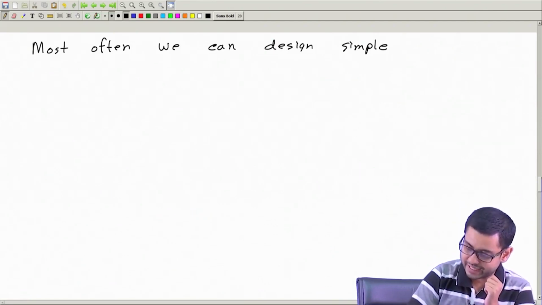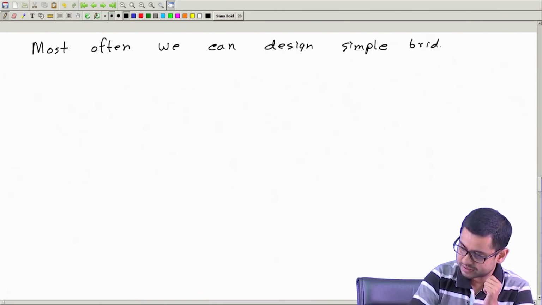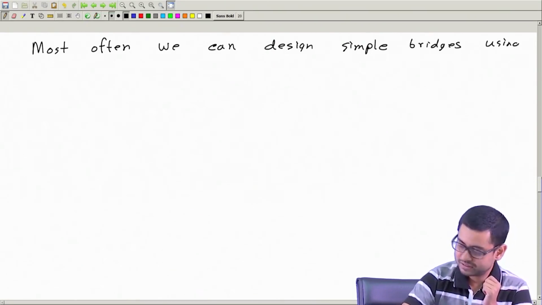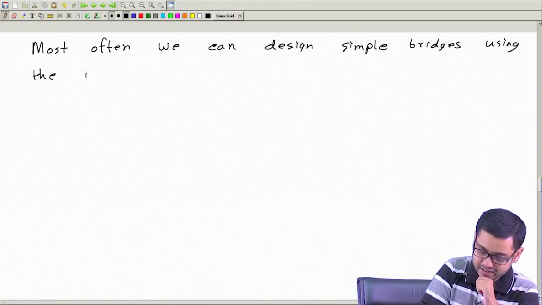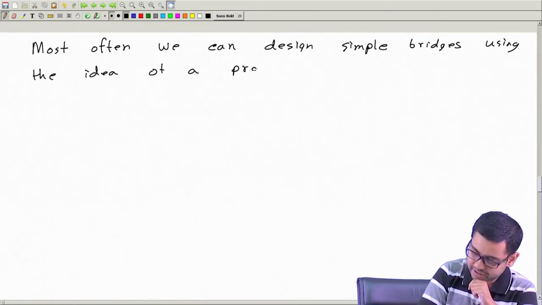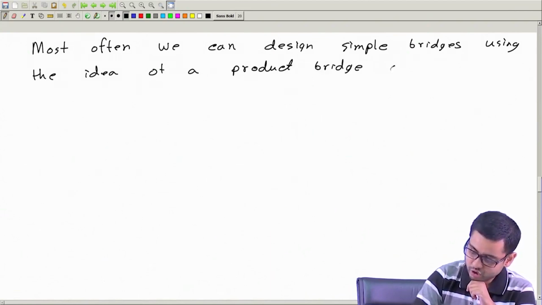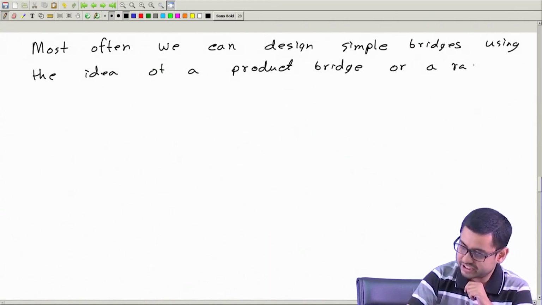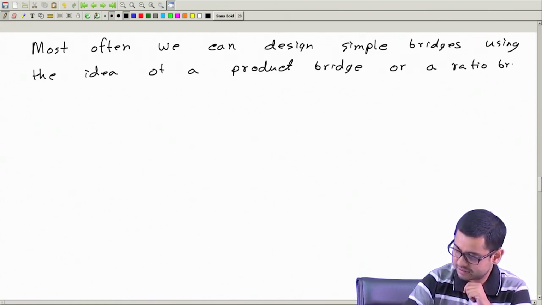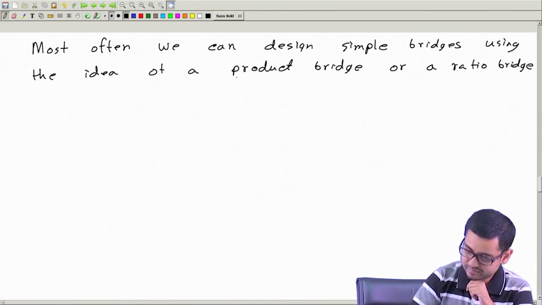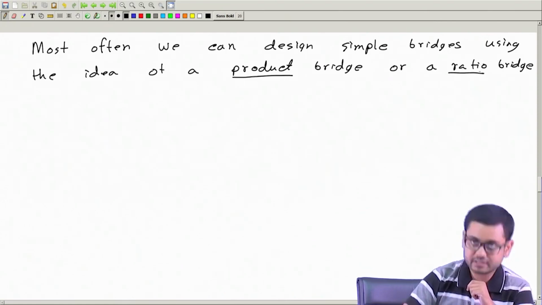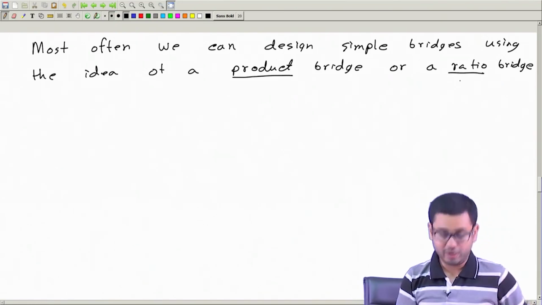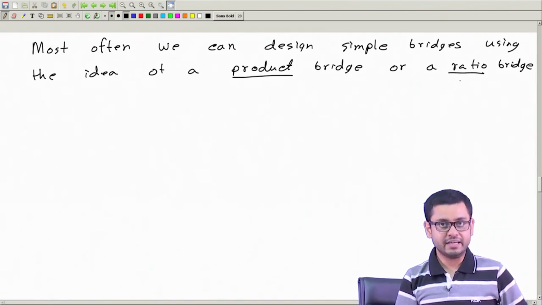Most often we can design simple bridges using the idea of a product bridge or a ratio bridge. So, this is a new thing we are going to learn, what is a product bridge and what is a ratio bridge.